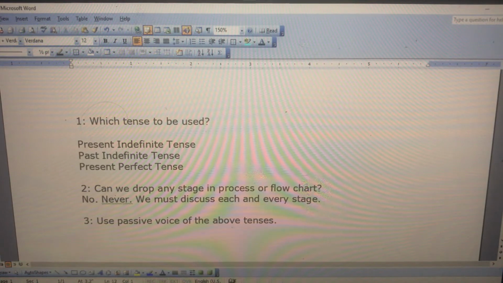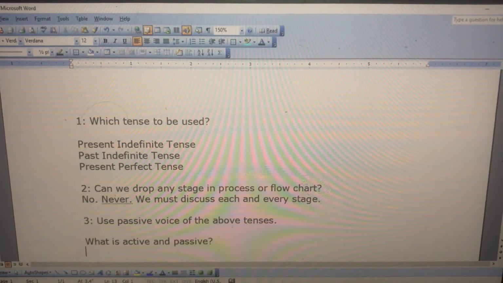How many tenses? I told you three tenses: present indefinite, past indefinite, present perfect, right? So use passive voice of the above tenses. What is active voice and what is passive voice? Look, what is active and passive?